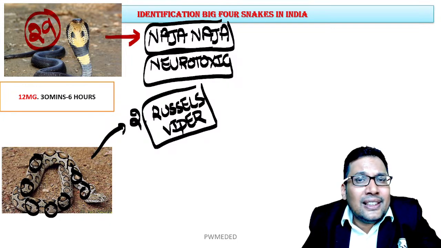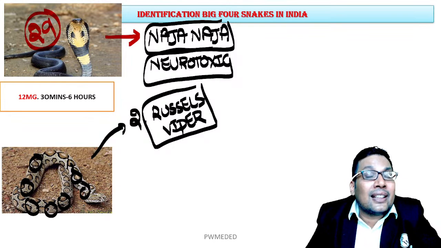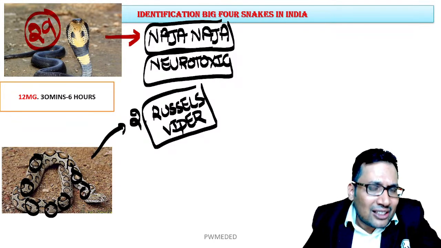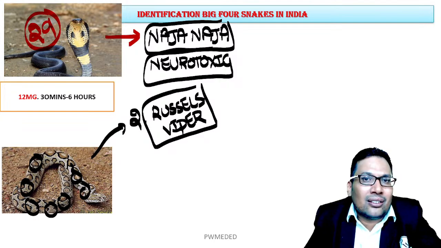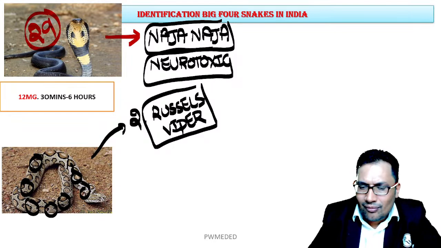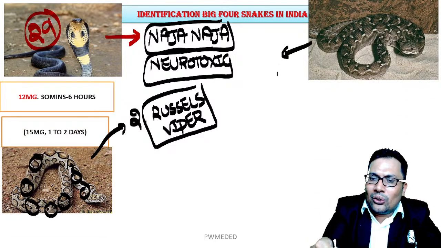It causes DIC, disseminated intravascular coagulation, increased clotting time, increased bleeding time, bleeding, extravasation of blood, hemorrhages and death. That is Russell's viper. All vipers are hemotoxic. Then one more viper is the saw-scaled viper.